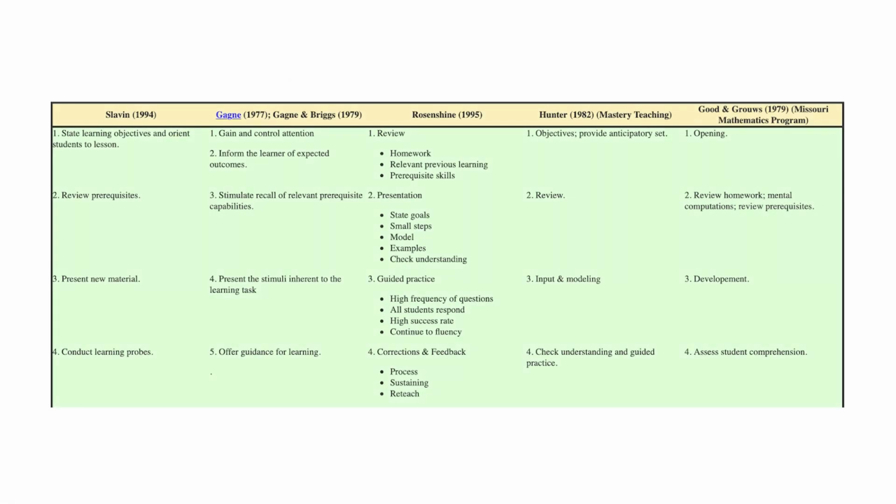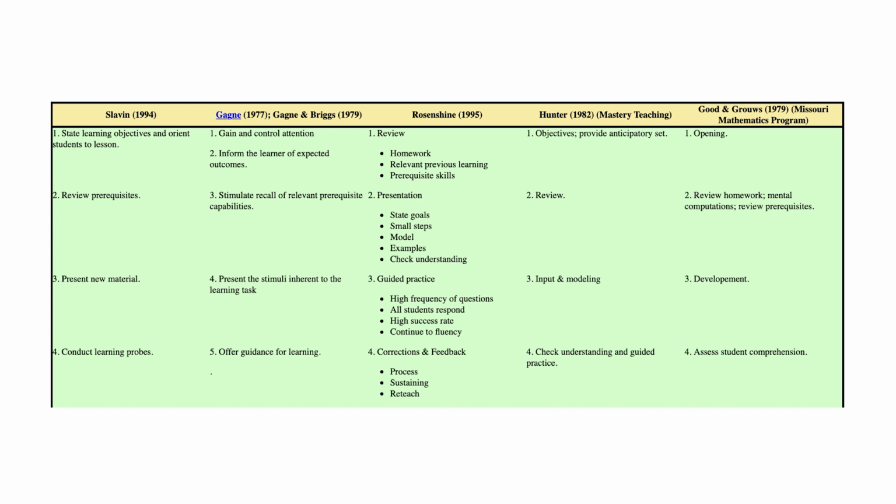There are many theories about this, and some of them are from Slavin, 1994. So we can have the learning objective statement and orient students to the lesson. And the second one, we can review prerequisites, present new materials, and then conduct learning probes.